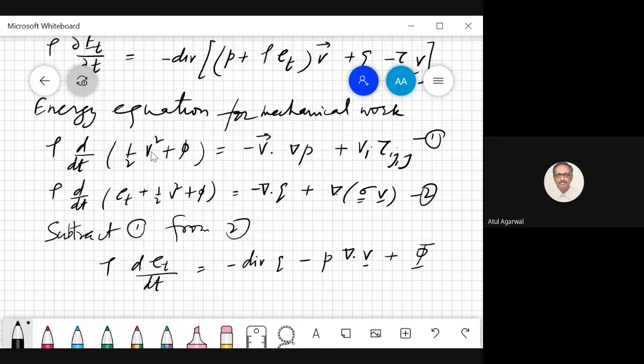We subtracted out the mechanical part, half v square plus phi, and we were left only with internal energy. So it was minus divergence of Q. So this term remains plus phi. If you just subtract it out, you will see only these remain.